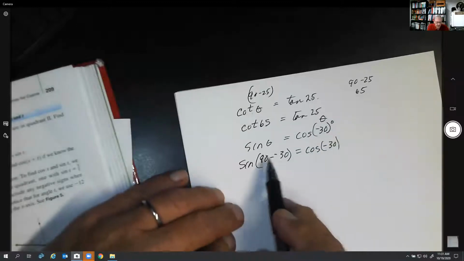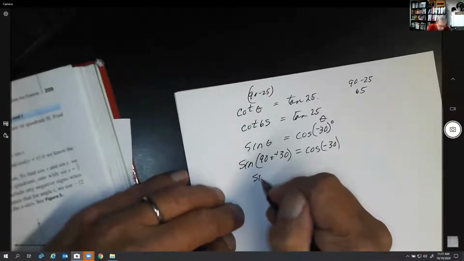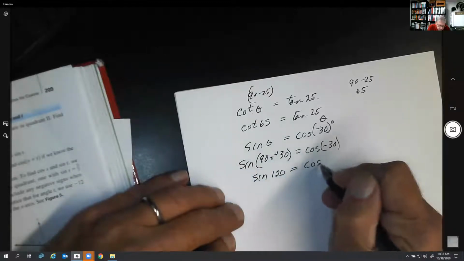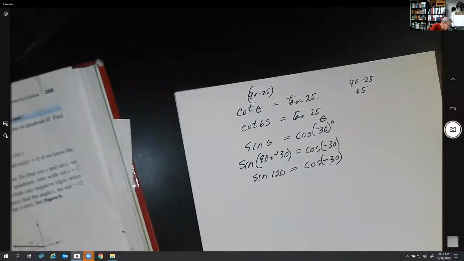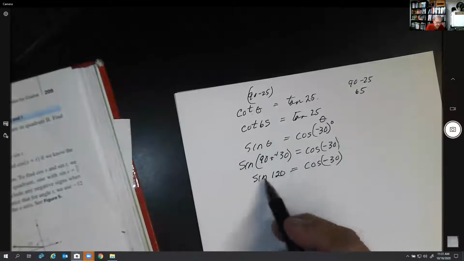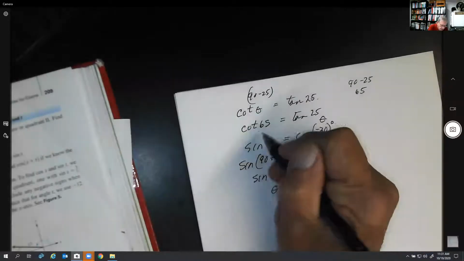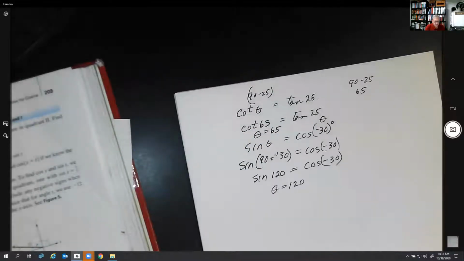And what's 90 minus a negative 30? Change sign, that'd be 120. So the cosine of negative 30 and the sine of 120 are the same. So theta is 120. I guess they wrote it that way. The final answer, you know.